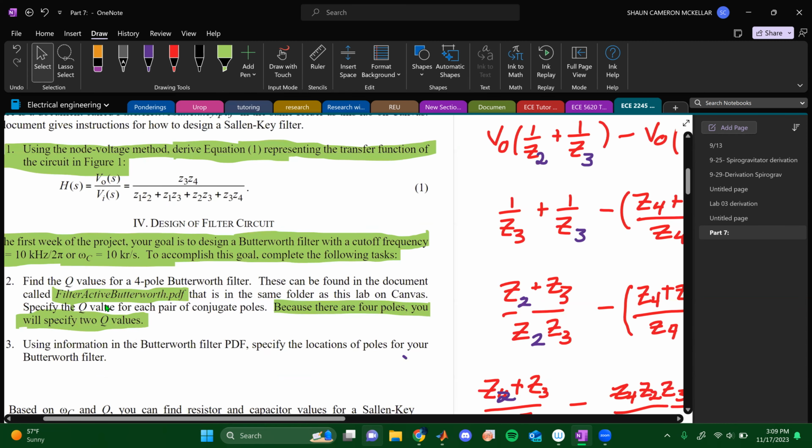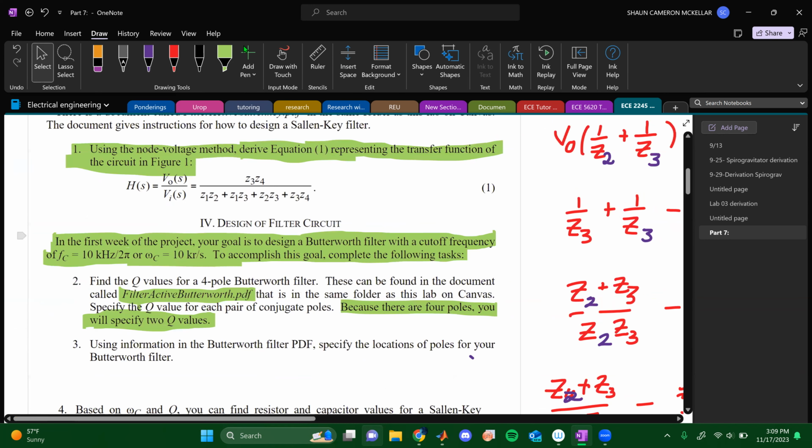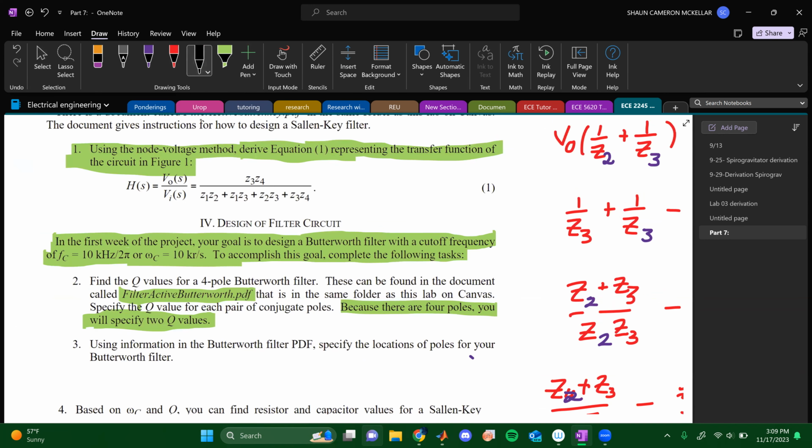And so just to clarify, in part 2, it asks us to find the Q values, in part 3, it says using information in the Butterworth filter PDF, specify the locations of poles for your Butterworth filter. So I'll write this answer.